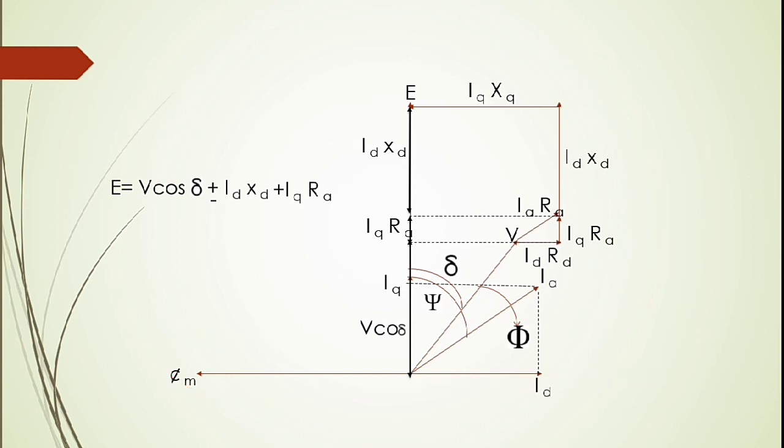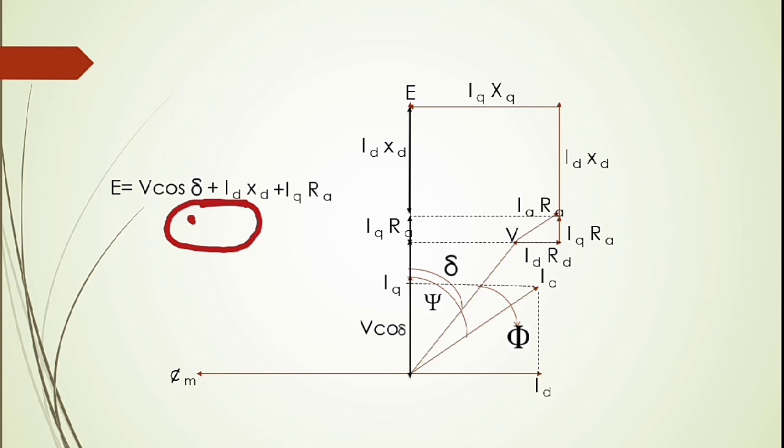And there is one thing we have observed here. In this equation, here you see, this is plus and the second one is minus. Plus is for the lagging power factor load and minus is for the leading power factor load.